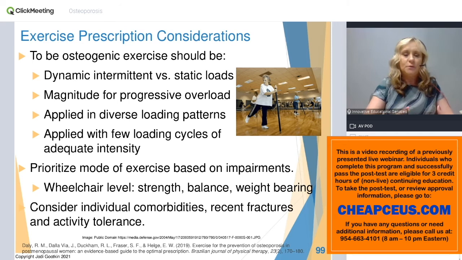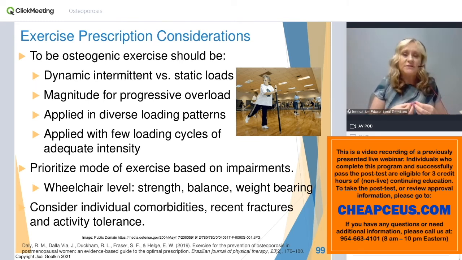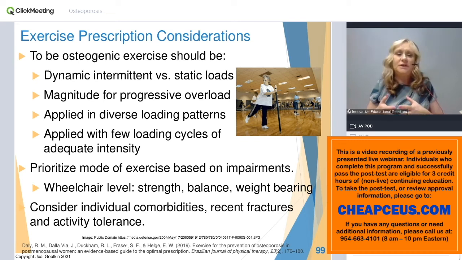And I'm a firm believer that, yes, protocols are necessary in some instances. However, for this population, understanding everything we've talked about up to this point and recognizing the key components of exercise allows us to develop patient-specific interventions that can be effective.